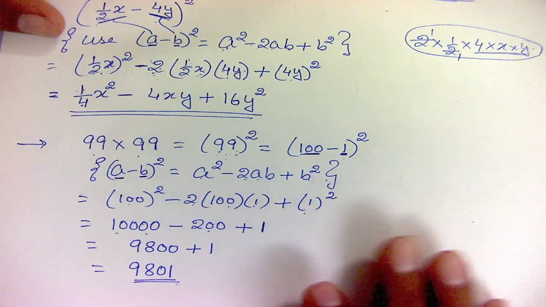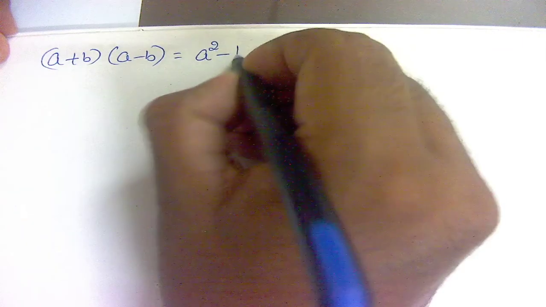Now we will move towards the next identity. The next identity that we will discuss is (a plus b) multiply (a minus b) equals a squared minus b squared.